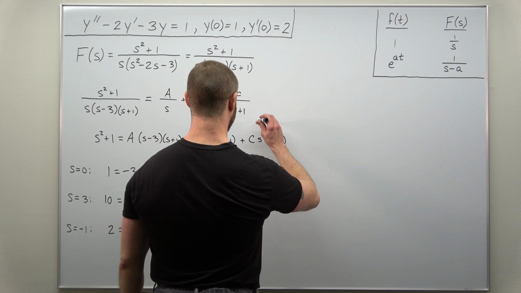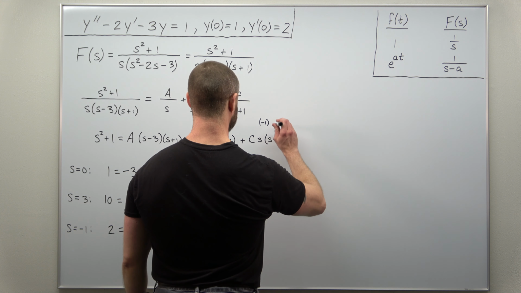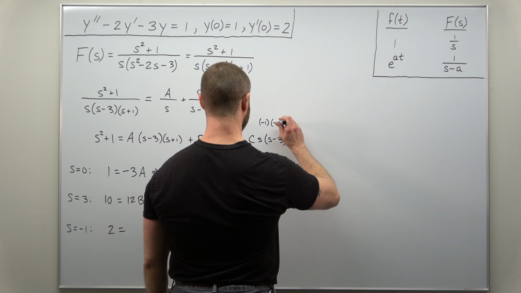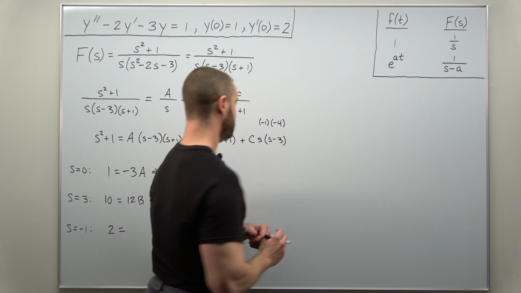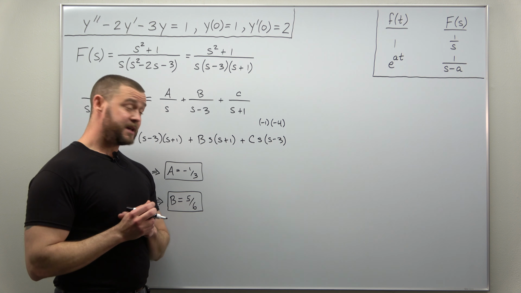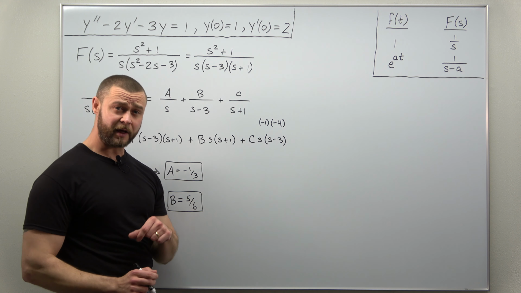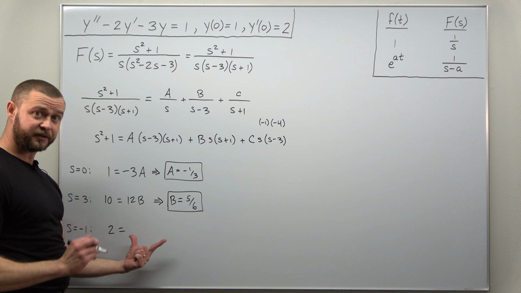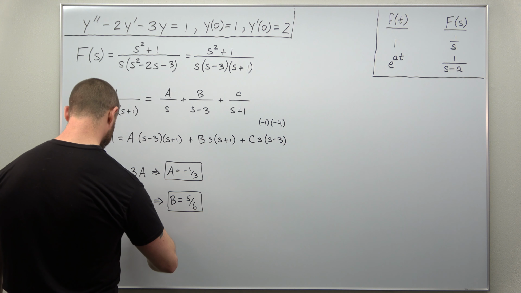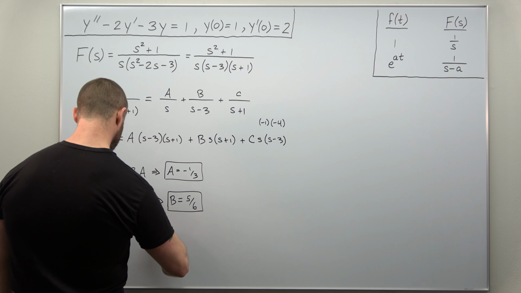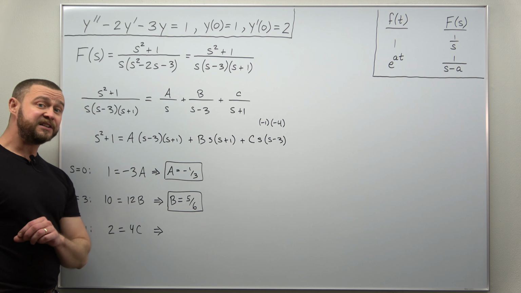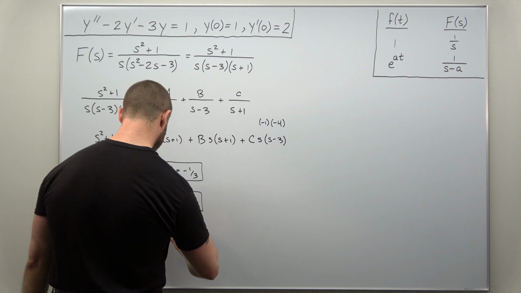So we're going to get negative 1 times negative 1 minus 3, and that's going to be positive 4 when you multiply that out. So on our right side, we're going to have positive 4 times C. Divide by 4, and you should find C comes out to positive 1/2.